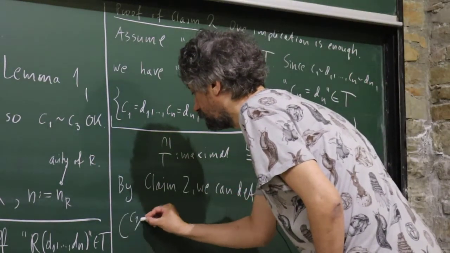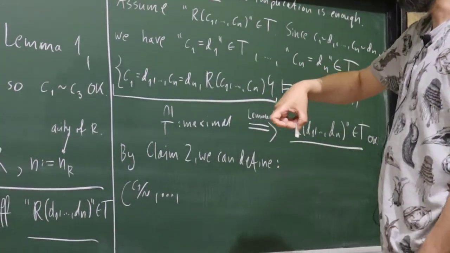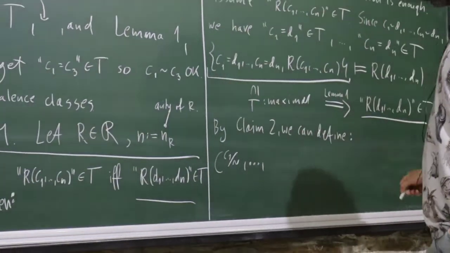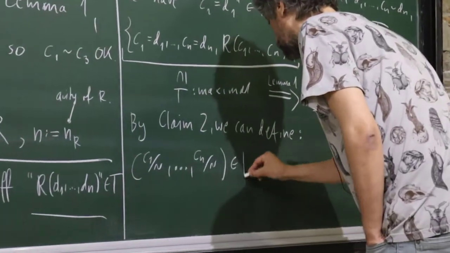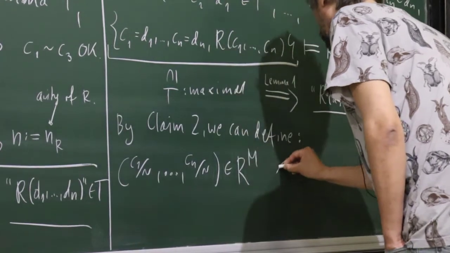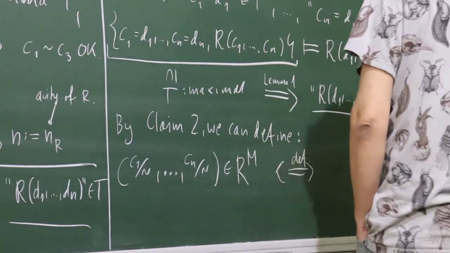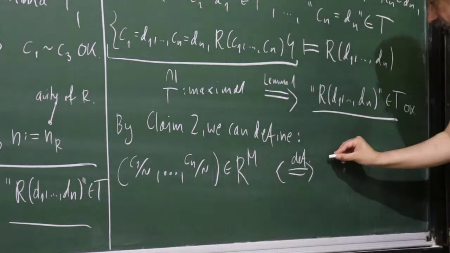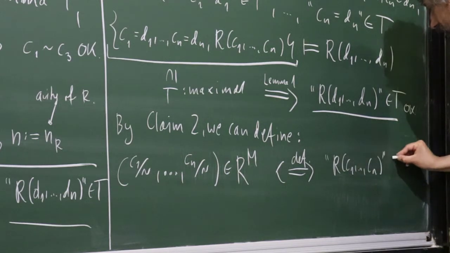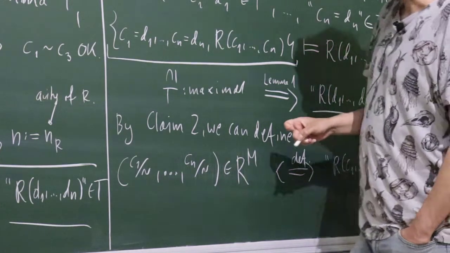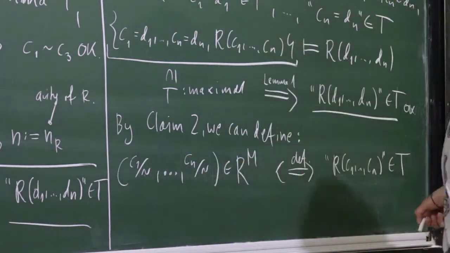So we want to say when such an n-tuple of equivalence classes is in the interpretation of R, so we define it exactly when this sentence is in T. And because of claim 2, it does not depend on the choice of representative here.